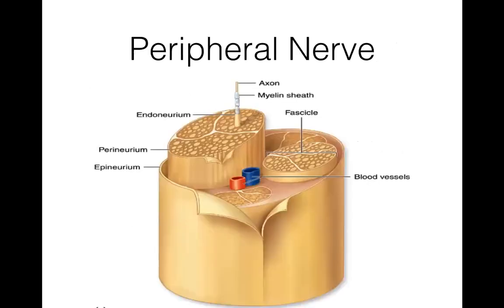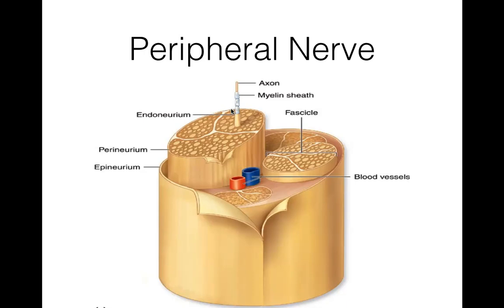Now, finally, we have bundles of axons that are located outside the central nervous system. These bundles of axons located outside the nervous system are referred to as nerves. Nerves are bundles of axons that are arranged in fascicles.